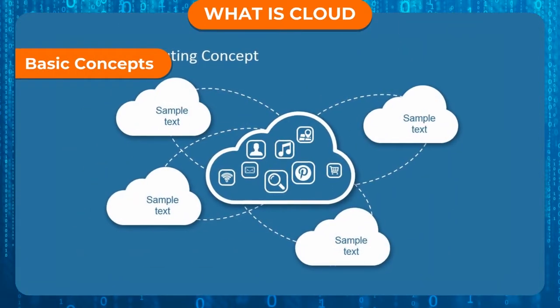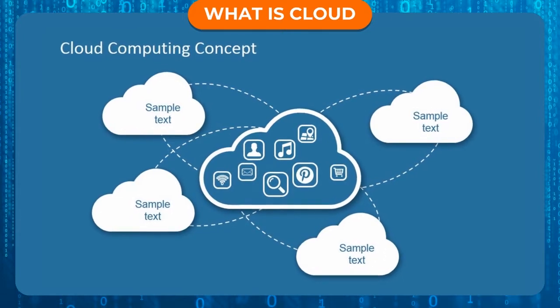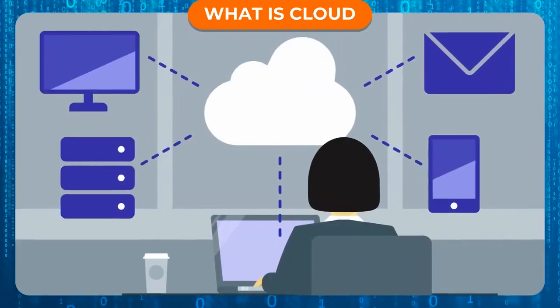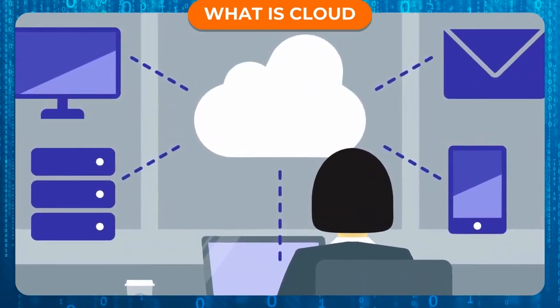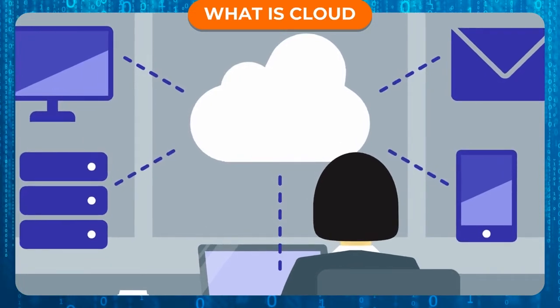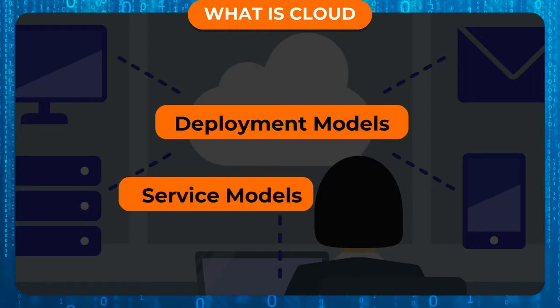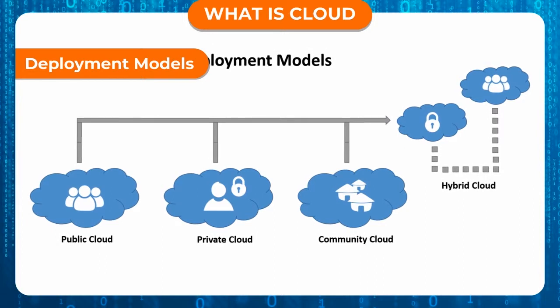Basic concepts. There are certain services and models working behind the scene, making cloud computing feasible and accessible to end users. Following are the working models for cloud computing: deployment models and service models.